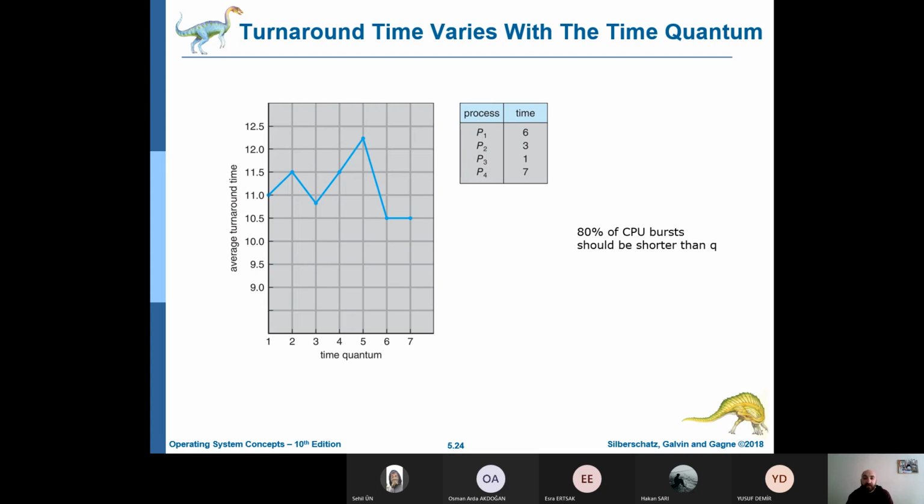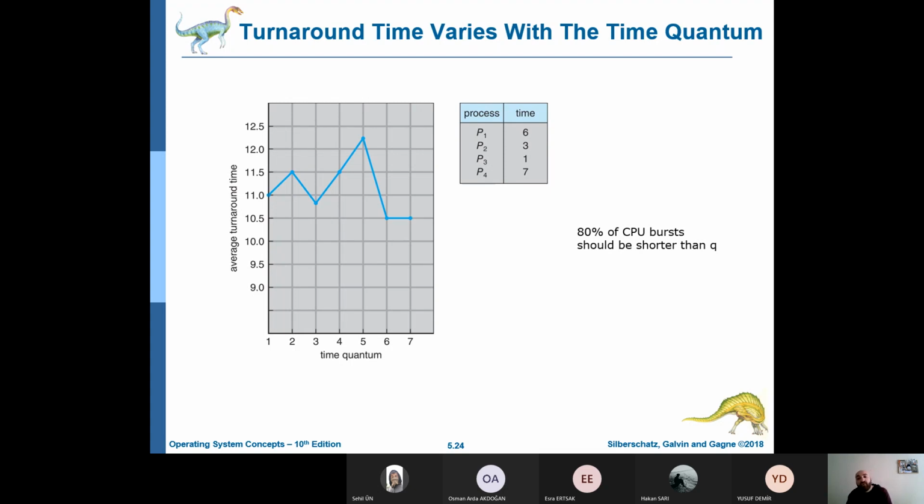Turnaround time also depends on the size of the time quantum. As we can see from this figure, the average turnaround time of a set of processes does not necessarily improve as the time quantum size increases. In general, the average turnaround time can be improved if most processes finish their next CPU burst in a single time quantum.